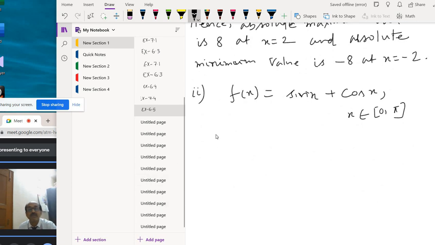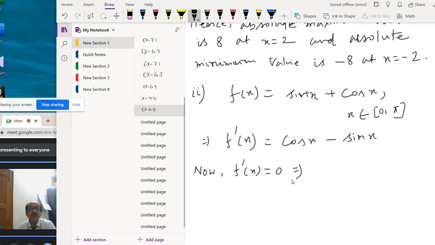Now f dash x is its derivative. f dash x equal to the derivative of sin x, cos x, minus sin x, the derivative of cos x. Now f dash x equal to 0.